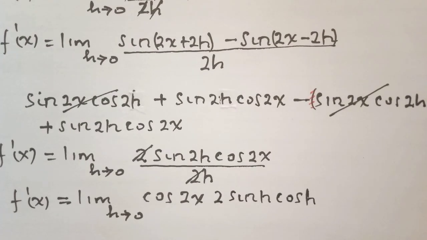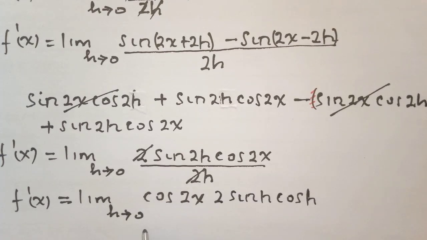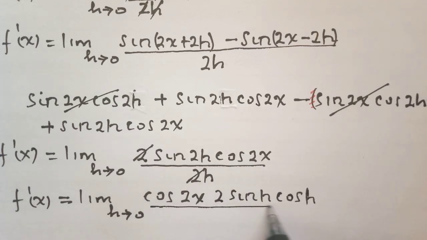And so guys, from there we come and say that as h tends to 0, we can write it like this, all over h, like that.